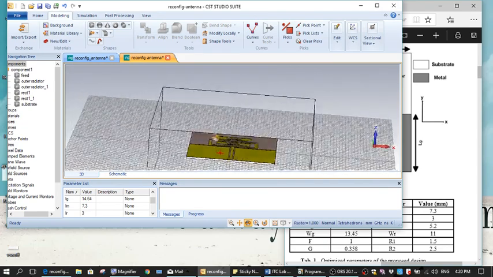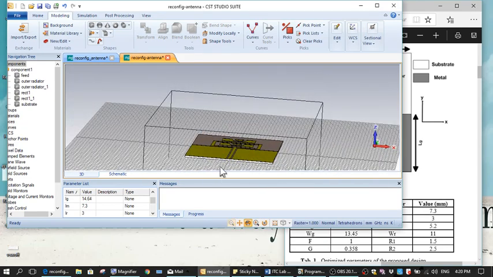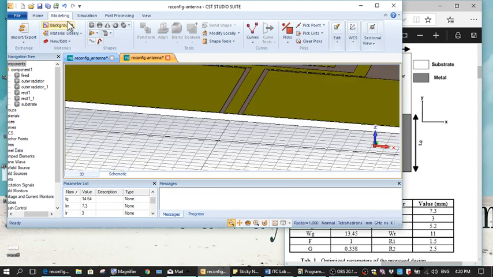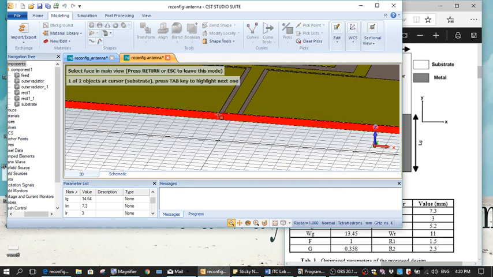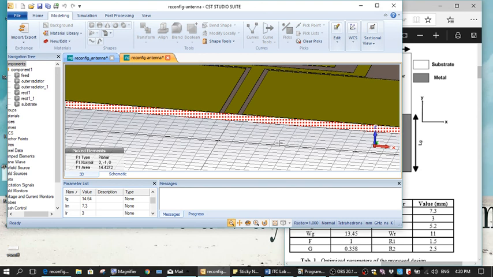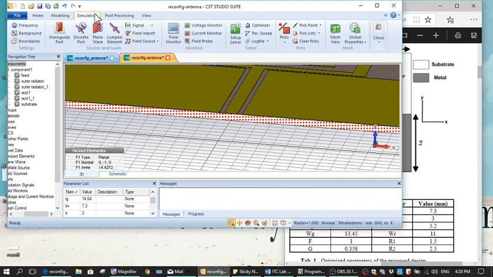Let's zoom in. When we zoom, we go to the picks and we pick a face. I want this face, so double click on it.